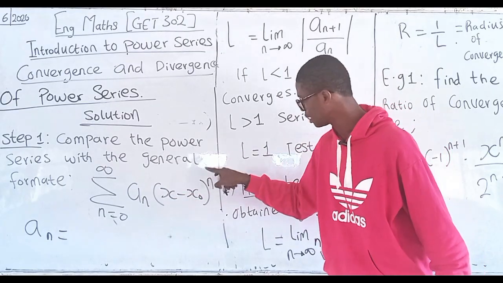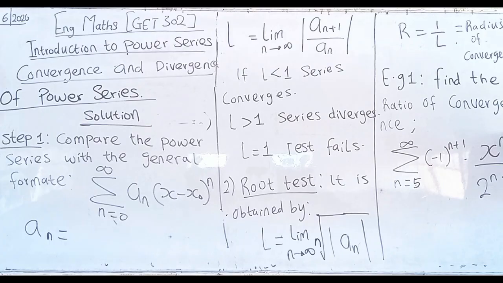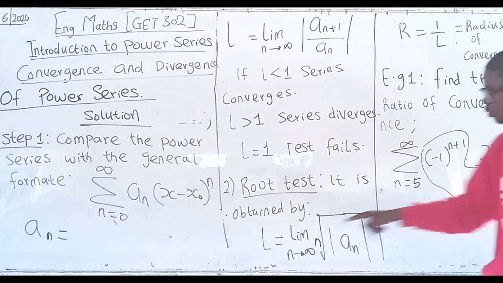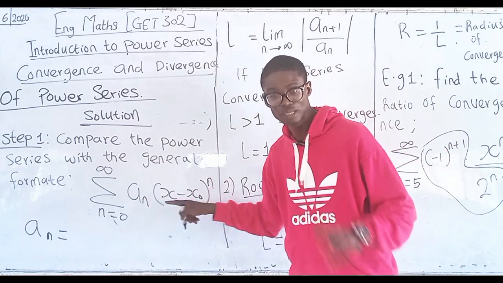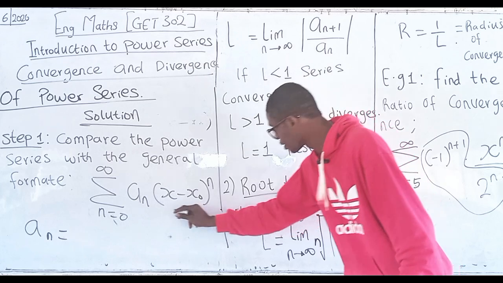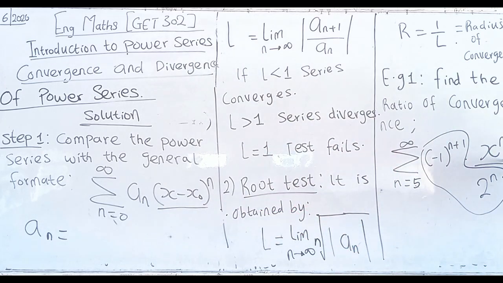So every other thing apart from this x raised to the power n, are you getting it? is your a n. Please take notes. Once you have removed your x raised to the power n, every other thing is a n. Are you getting it? So in this case, I can put this over 1.